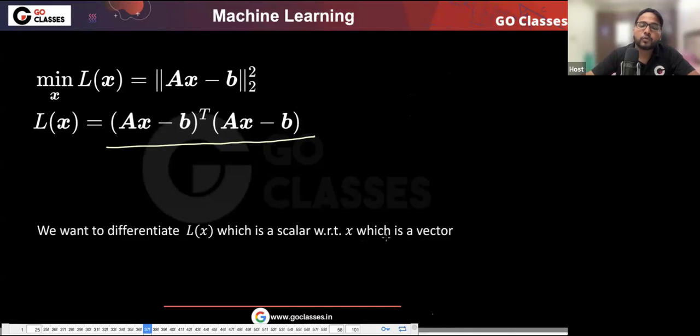So we want to find the minimum of this quantity with respect to x, so we want to differentiate. Is this okay to everyone? Let's just call it L, which is generally used for the loss function, the loss with respect to x.